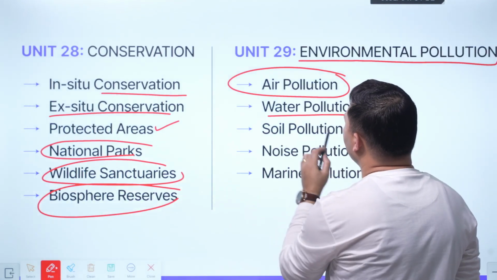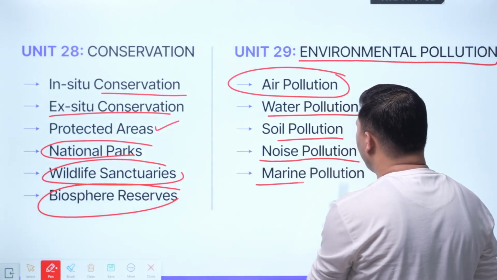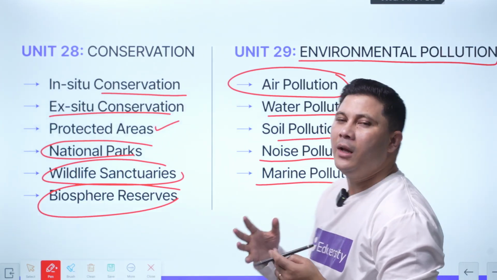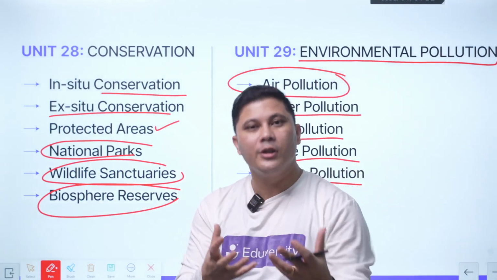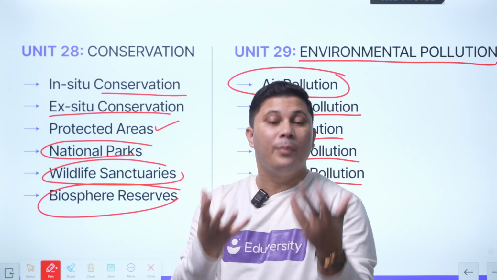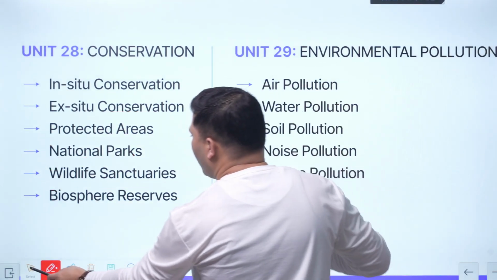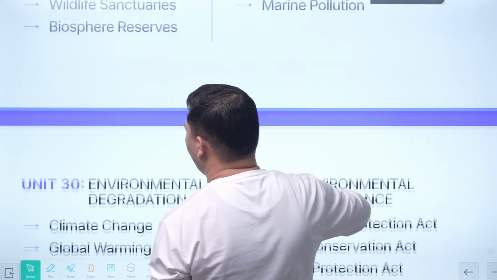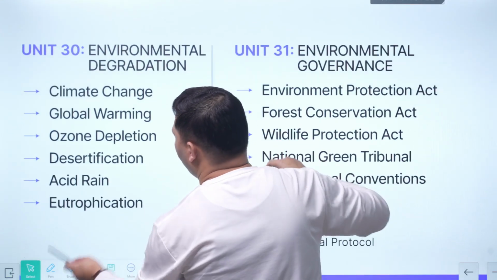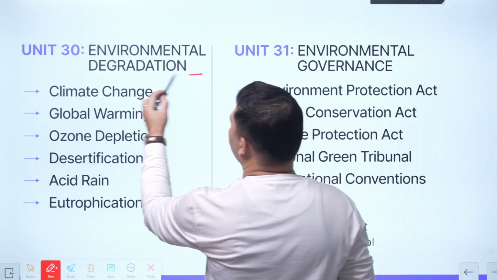Then water pollution, soil pollution, noise pollution, marine pollution. So you need to have the latest data on pollution, the causes of pollution, and how to prevent it. Very important.